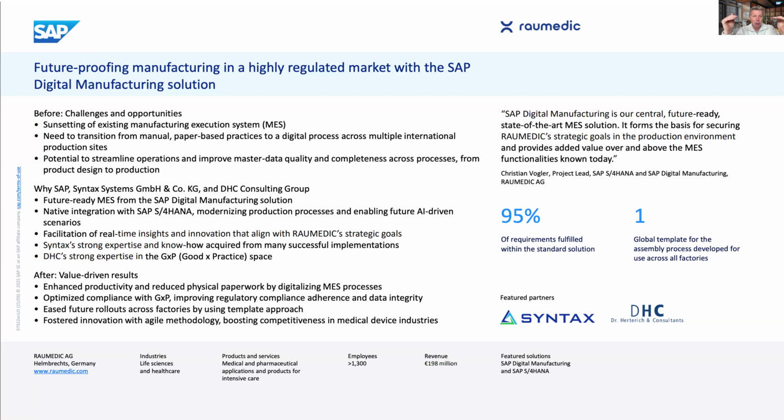This is being able to demonstrate full traceability regarding what's happening to these goods when you manufacture them. And this is what we were able to achieve at Raumedic, to make them compliant with GxP and to have a global template to assemble the processes developed for all their factories.